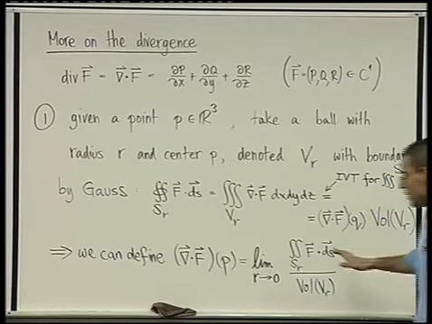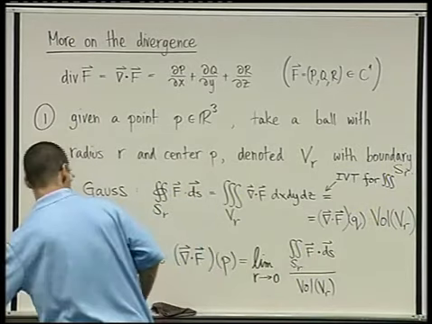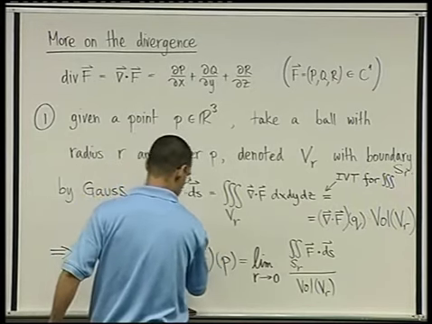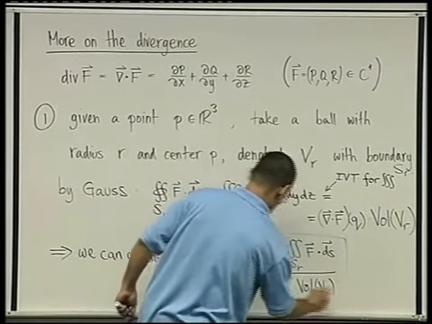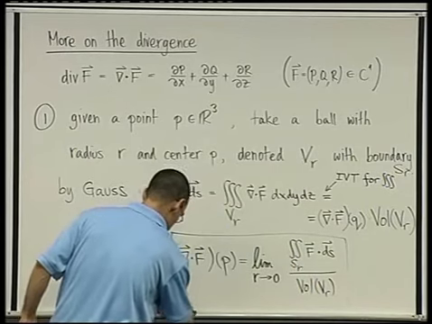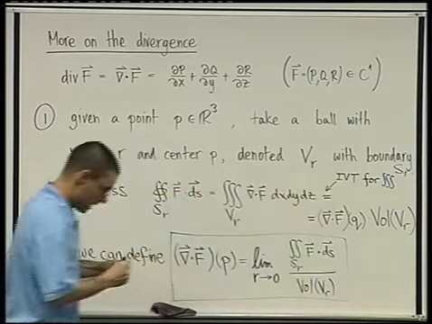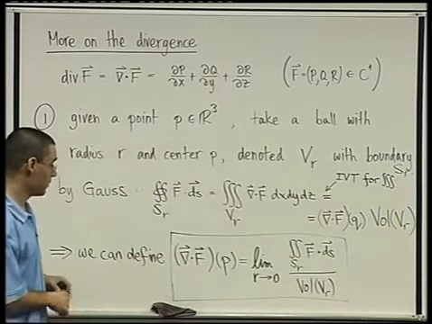This is a bit theoretic, but I wanted you to see this. So this is an alternative definition of the divergence, independent of the coordinate system and not requiring f to be C1.